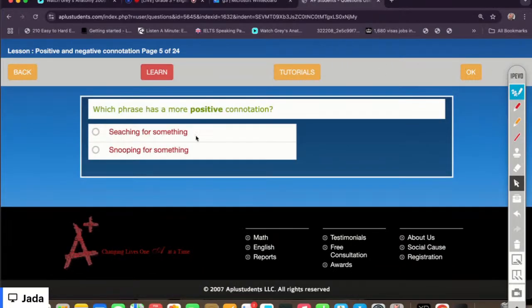Okay. So we have, which is more positive, searching or snooping around for something?